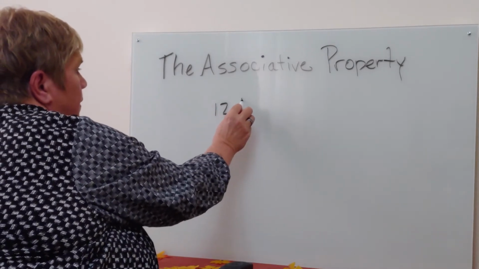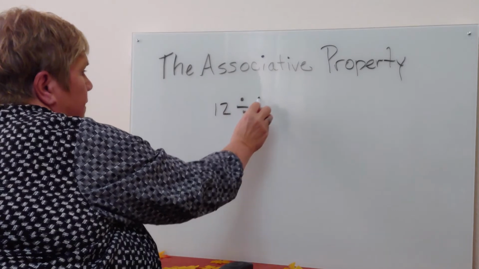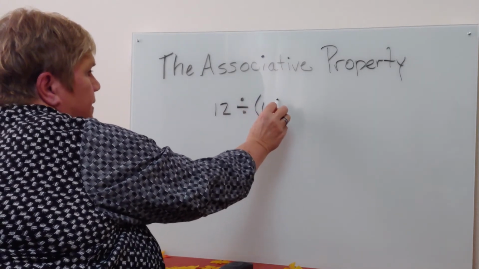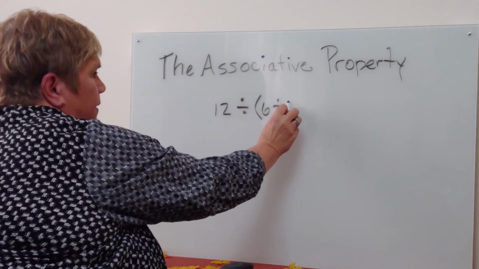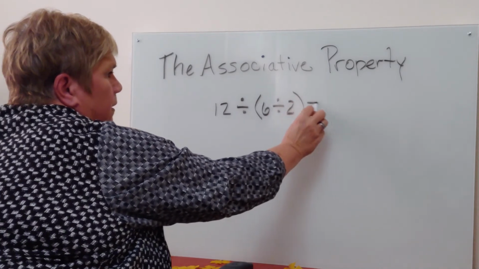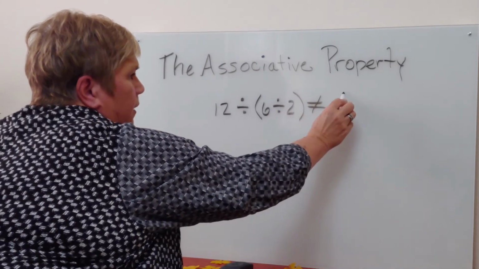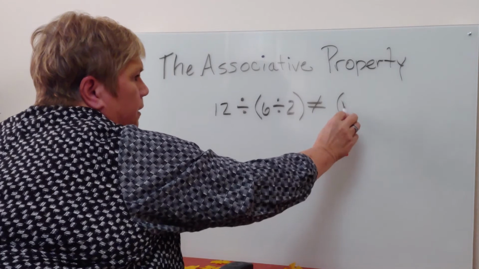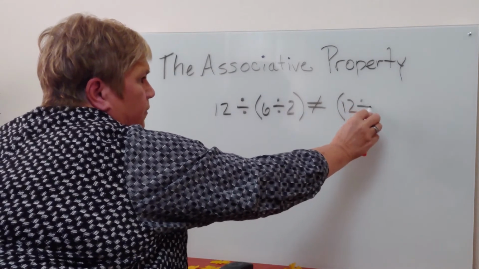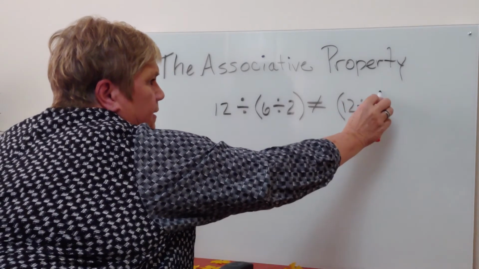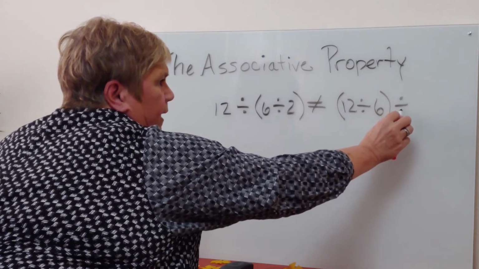12 divided by 6 divided by 2 does not equal 12 divided by 6 divided by 2.